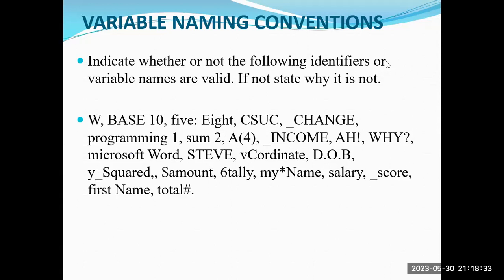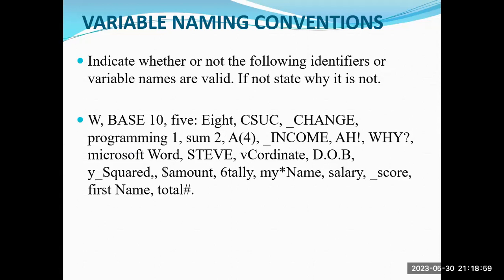So can you please chat us and tell us why it's valid? Okay, he's not getting back to us, but I believe he'll get back to us.